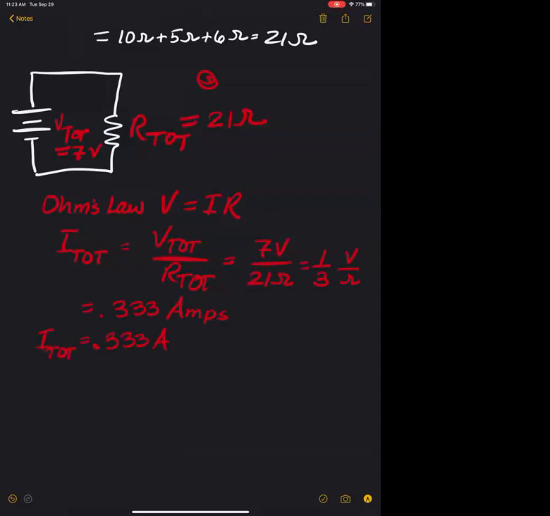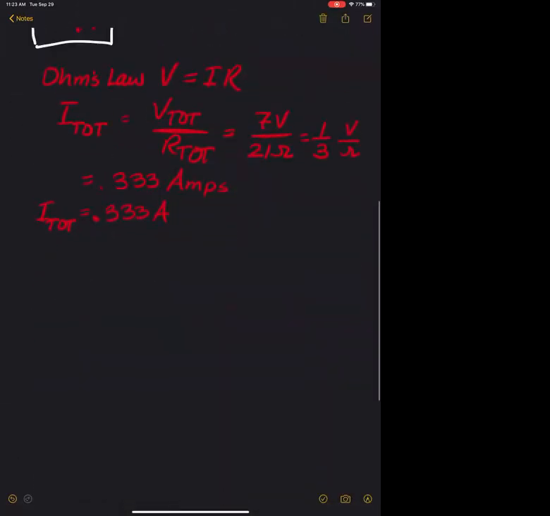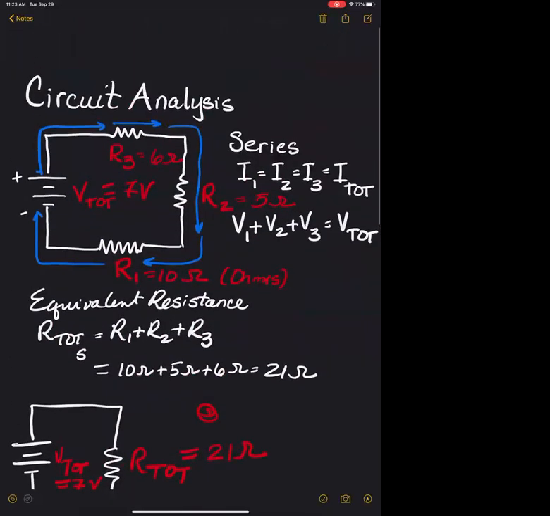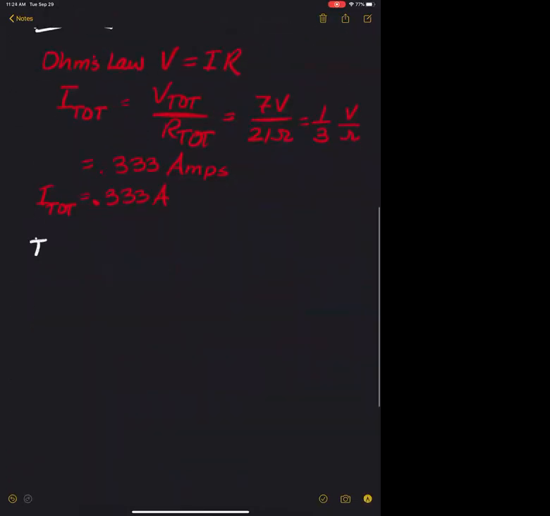Now, since this is a series circuit, remember, the current's the same through everything. So once I know I total, I know the current through all of these. I1 equals I2 equals I3 equals whatever I got for I total, which is 0.333 amps. Then I can find the individual voltages.